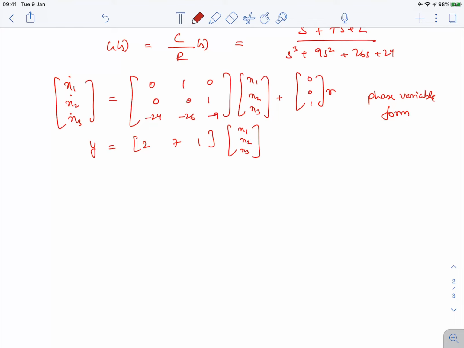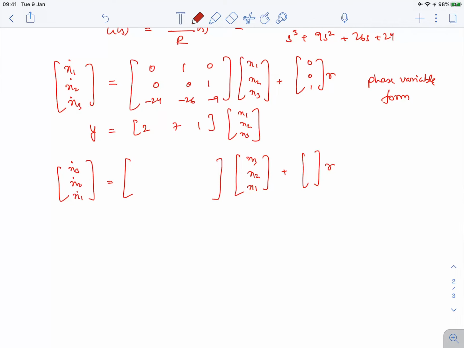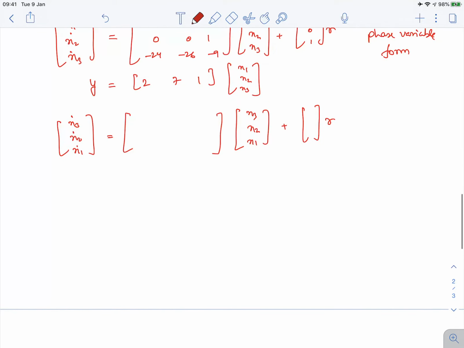Meaning to say that if I reverse the order of the state vector here, instead of writing x1 x2 x3, I will write x3 dot, x2 dot and x1 dot. Okay, the A matrix would remain the same. Similarly, the order here would change, x3 x2 x1 plus B would also remain the same, and the input as it is R. There won't be any change in the output equation.